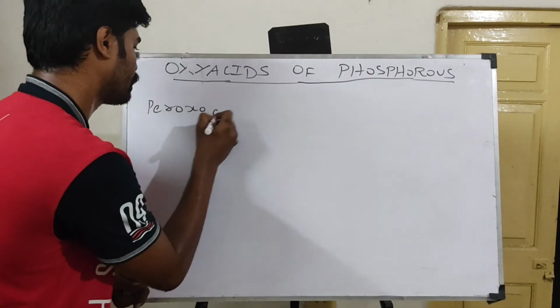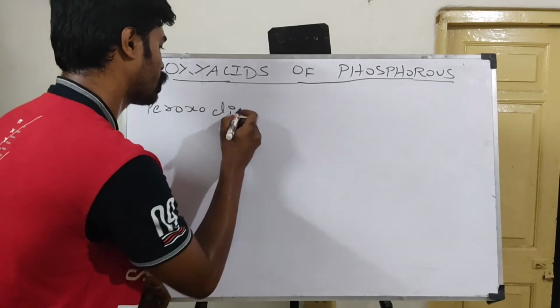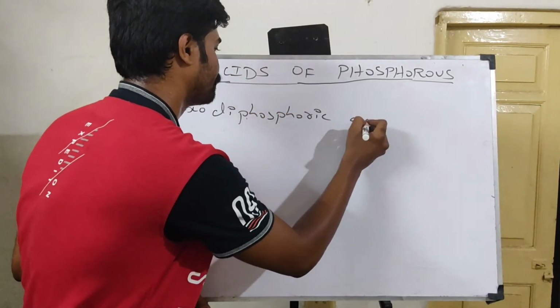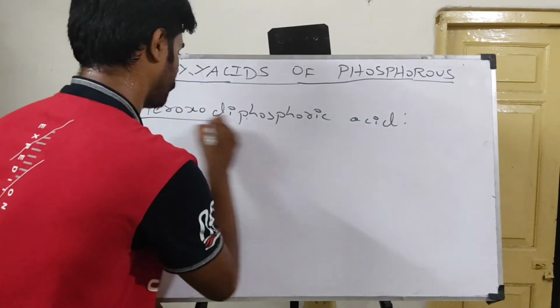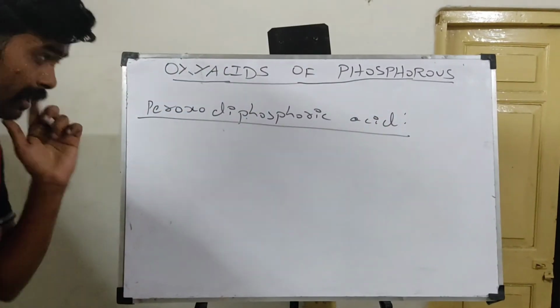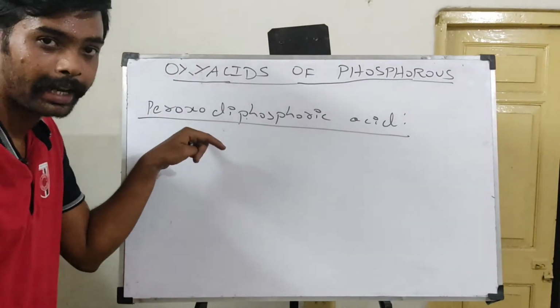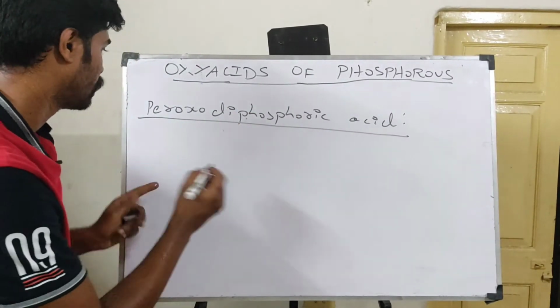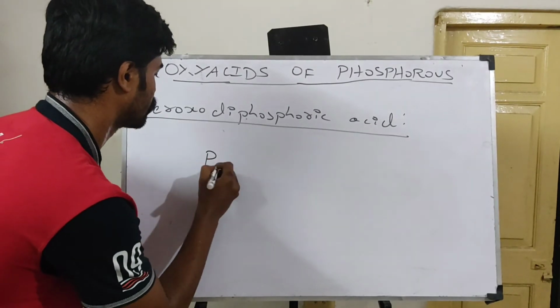Peroxodiphosphoric acid, right? So now peroxo, again I told you what kind of linkage, O-O linkage, and two phosphorus atoms are there.